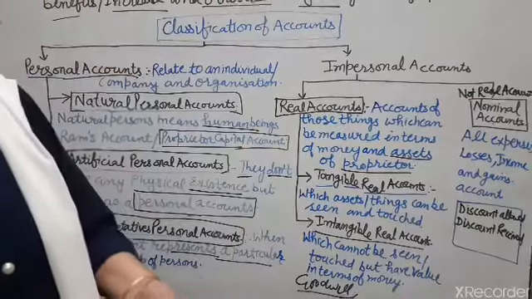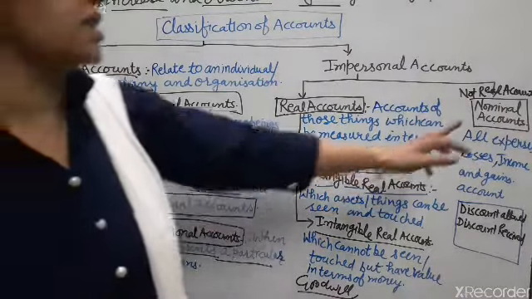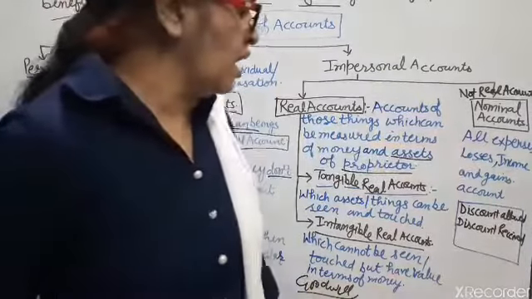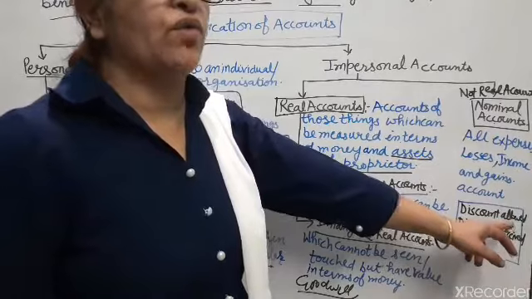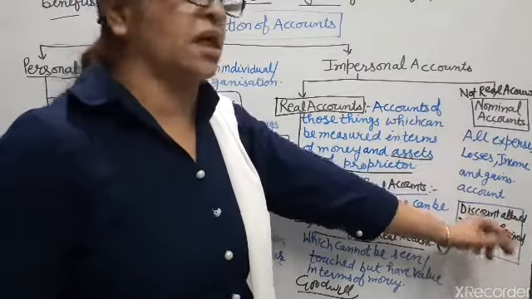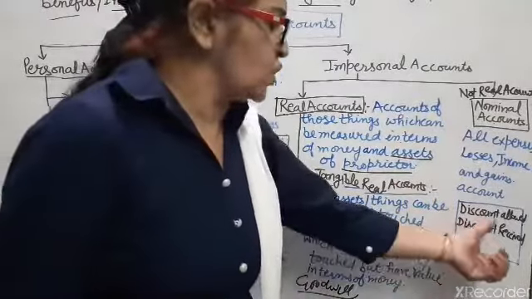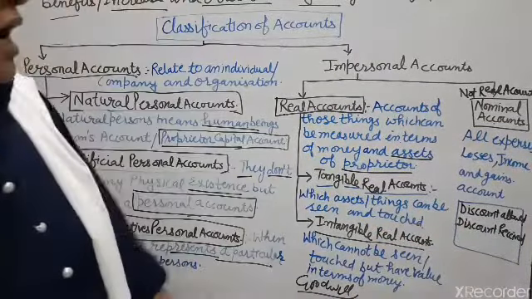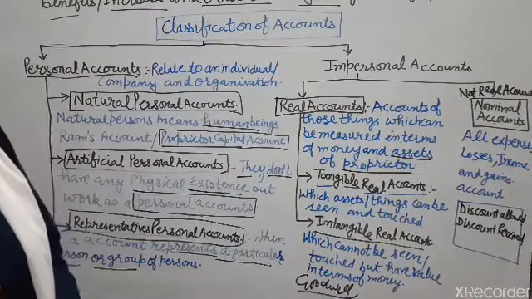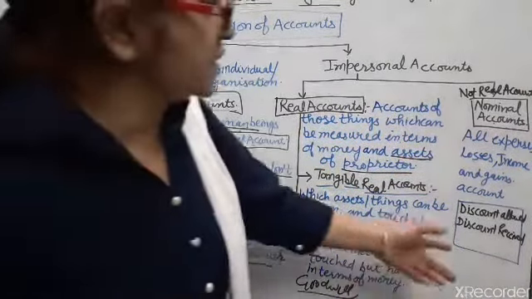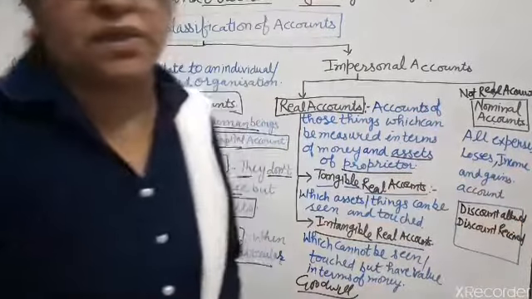In business, any expenses, losses, income and gains are considered nominal accounts. For example, discount allowed. When we give a discount to any person, our cash, our asset, is decreased, so discount allowed is a loss and discount received is income. Same as interest received is income and interest paid is an expense.